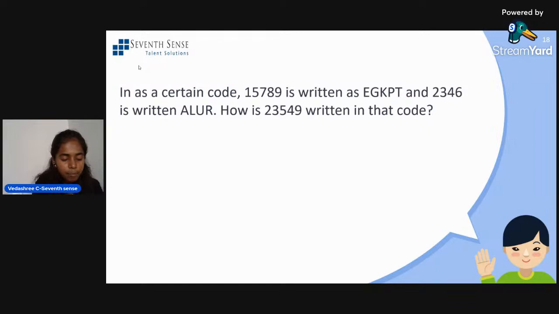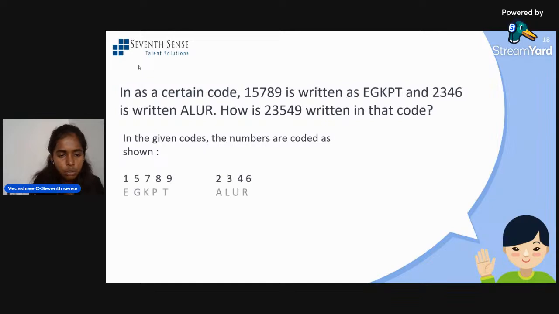ALGUT. Yeah, correct answer. ALGUT. So coming to the solution. Each and every number has been assigned a letter.